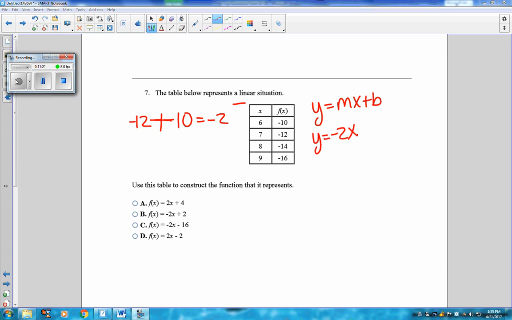Now, to find my y-intercept, because b is my y-intercept, I have to go backwards to 0. So if I go backwards from subtracting 2, now I have to add 2.